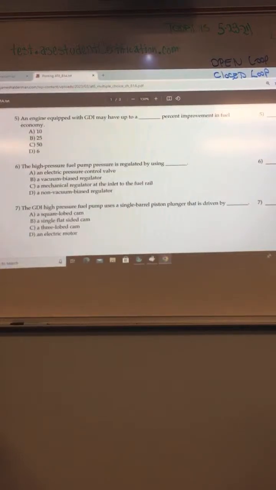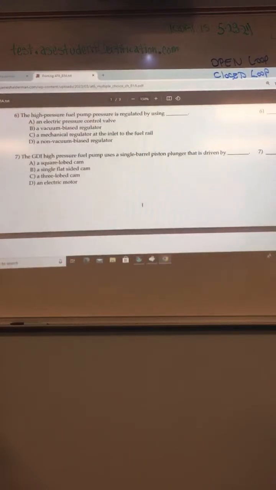An engine equipped with GDI may have up to B. Up to 25% improvement in fuel economy, that's pretty good. The high pressure fuel pump pressure is regulated by using the ECM. Is it A?